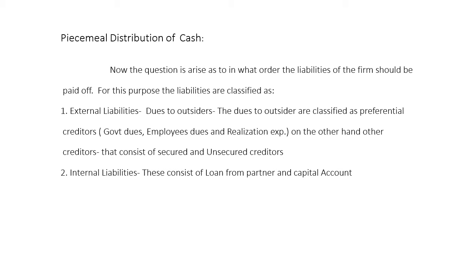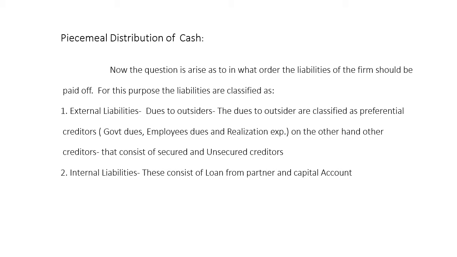All of you are aware that the organization is entitled to make certain payments to the government as dues to the government, such as the GST tax, any type of levy, professional tax, etc. Any amount payable to the government by the organization is called government dues.